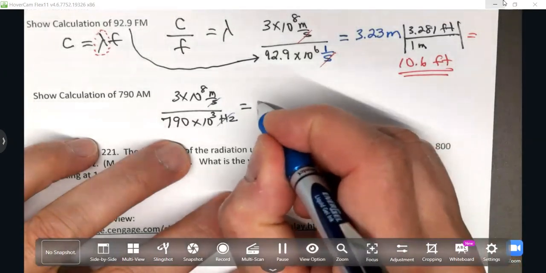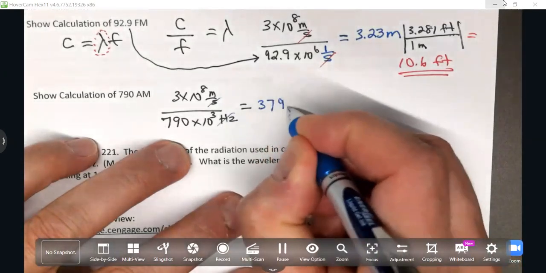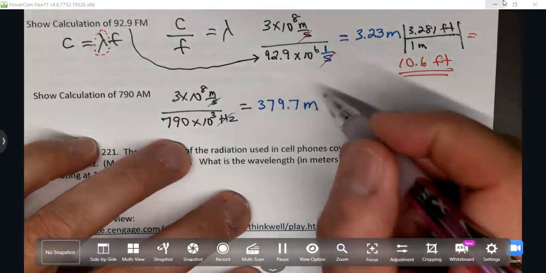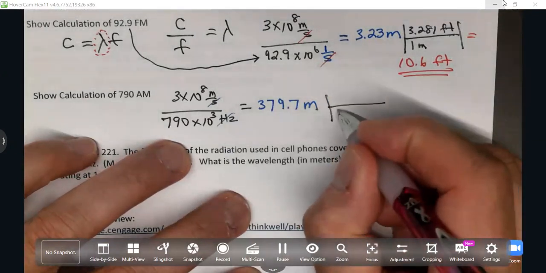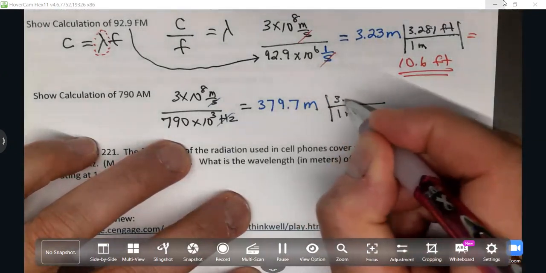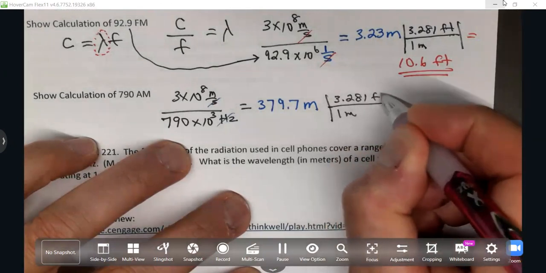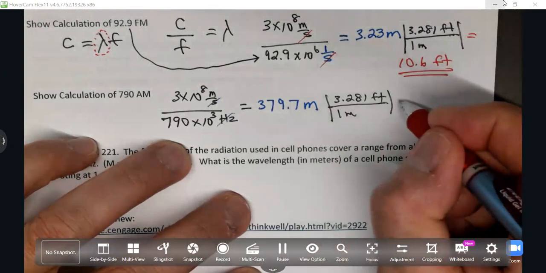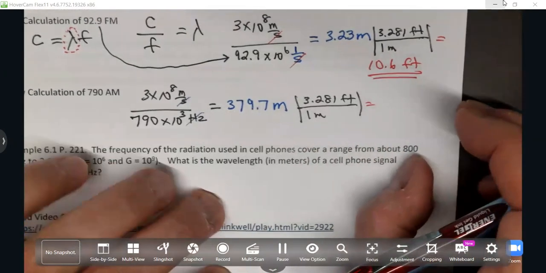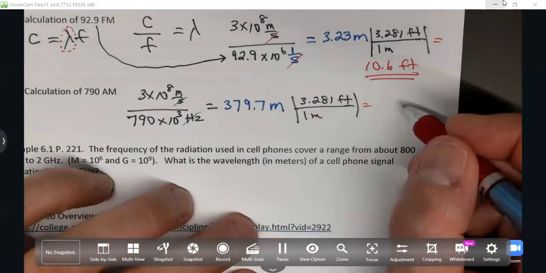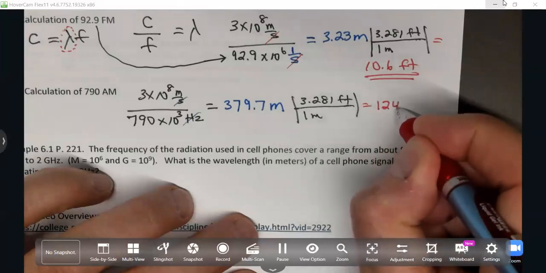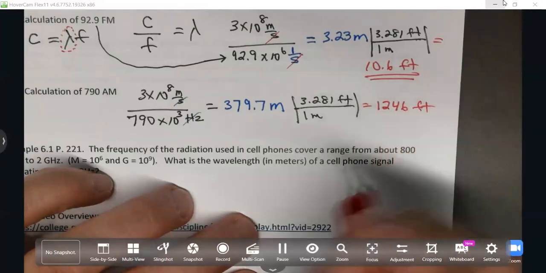379.7 meters, I believe. And then if I convert that to feet, 1 meter is 3.281 feet. I get 1,246 feet, I believe. Almost a quarter mile.